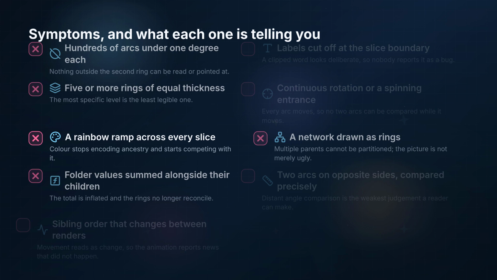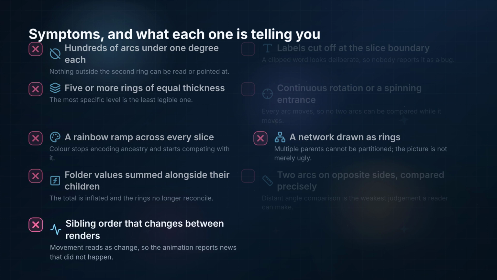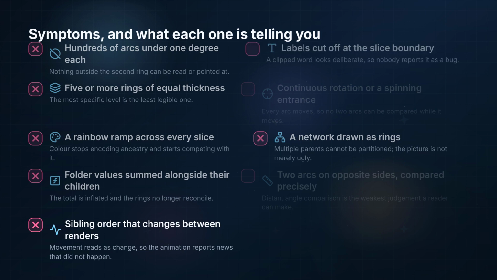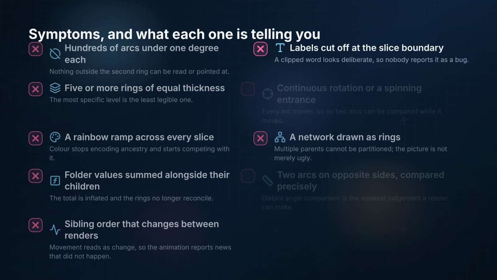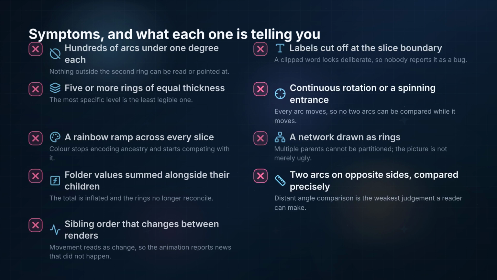Internal values counted twice, so the total lies. Unstable ordering, so the animation reports news that did not happen. Labels clipped at the slice edge, which look deliberate. Gratuitous rotation, which blocks every comparison while it runs. A network forced into rings, and comparing 2 arcs on opposite sides of the circle.